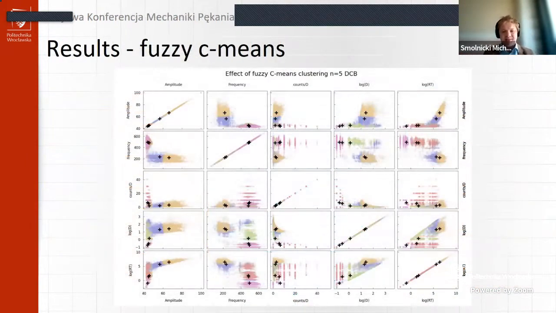And the results, as you can see, are not that readable because it's very hard to show multi-dimensional data on a slide. So I chose to show just the 5-on-5 grid, representing all pairs of features versus each other, which is not the best, but it's hard to visualize it in a better way.